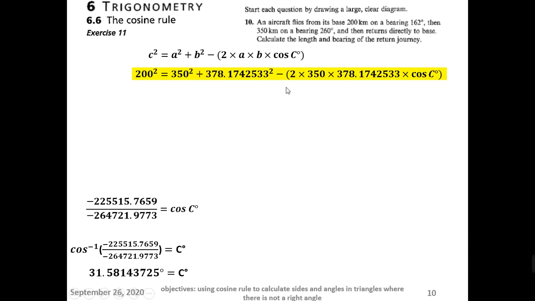So after we substitute, so we wrote the rule, we substituted in the rule, let's simplify it. 200 to the power of 2 is 40,000.